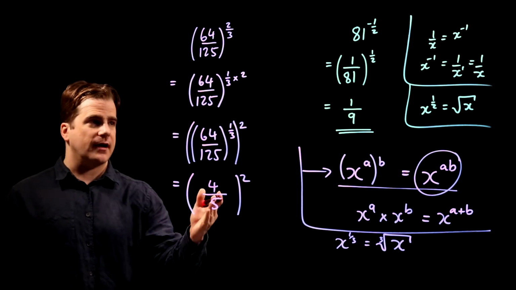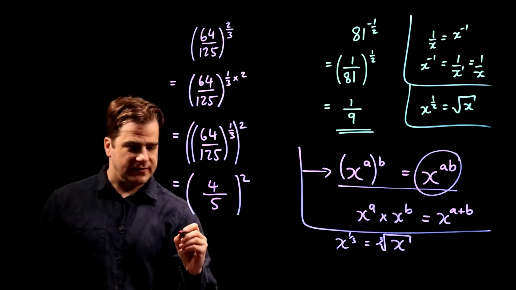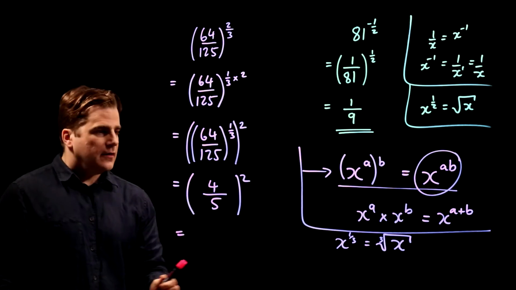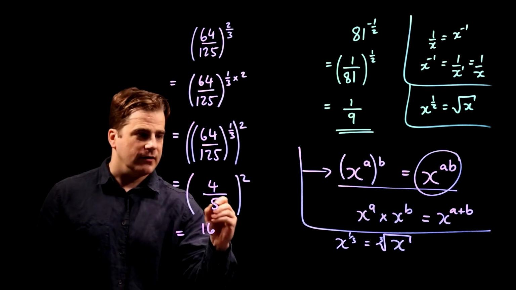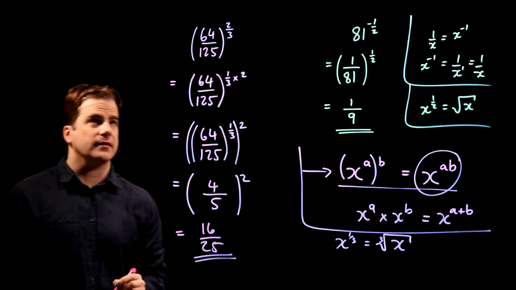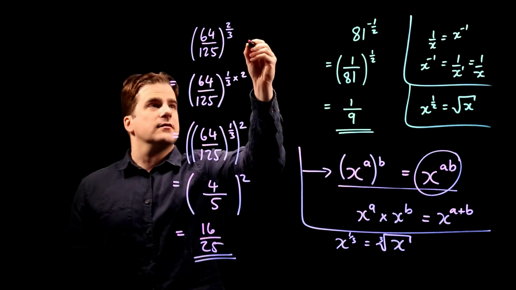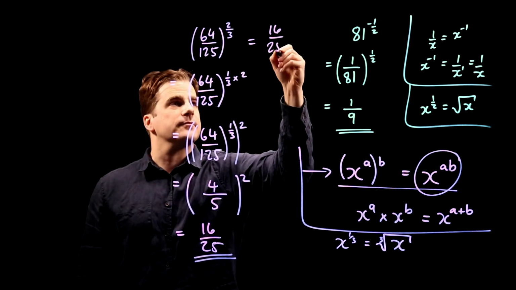So you see how we've broken it down? You have to know this rule here. And now it's easy. We just do 4 squared is 16 and 5 squared is 25. So that's it. That whole thing is 16 over 25.